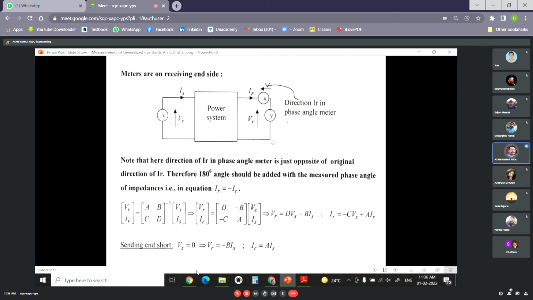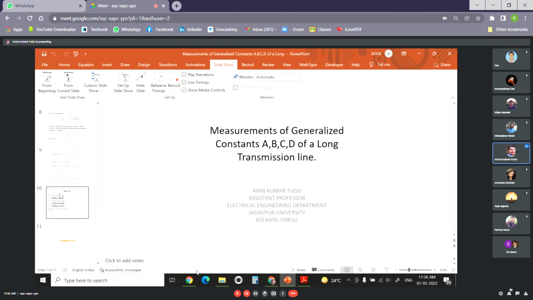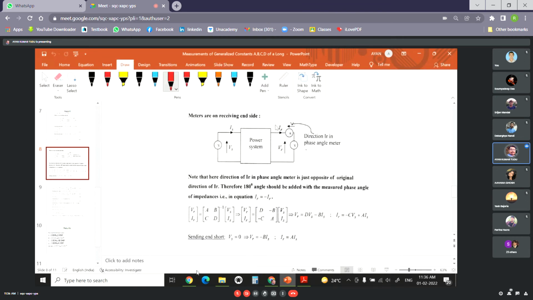So that is not changing, so the phase angle meter should have measured the current flow in this direction, but it is measuring the current flow in the previous direction only.